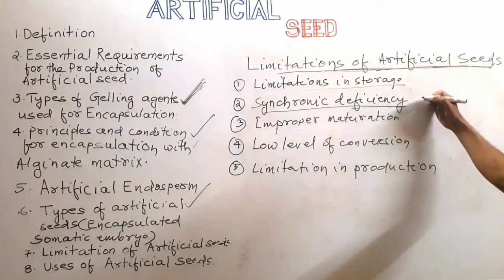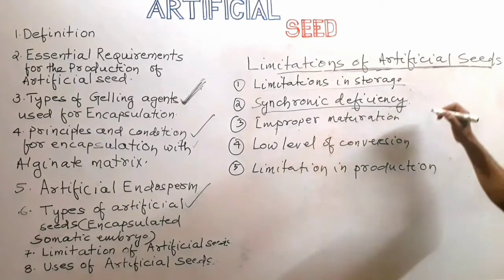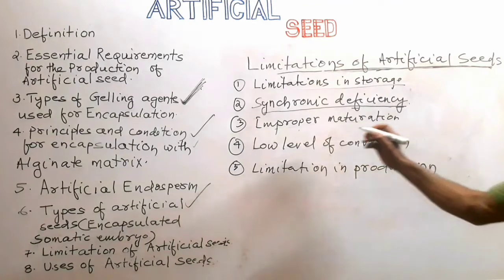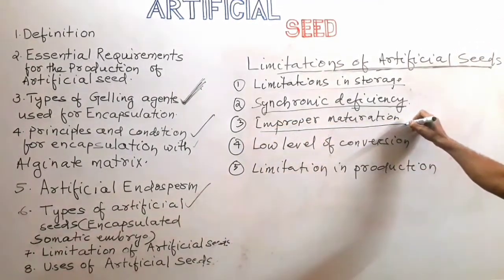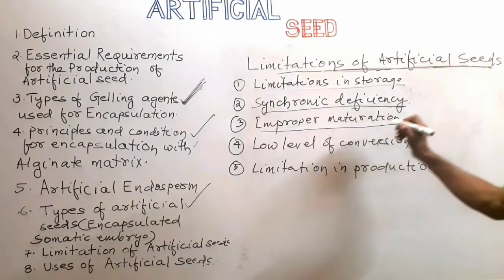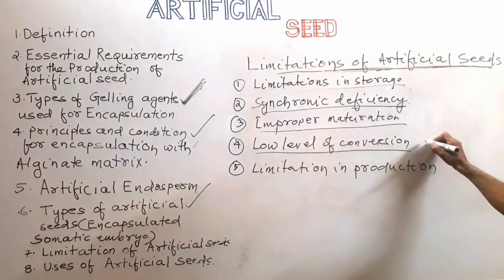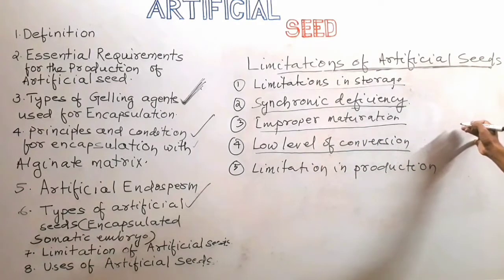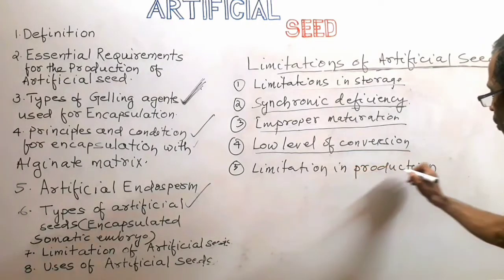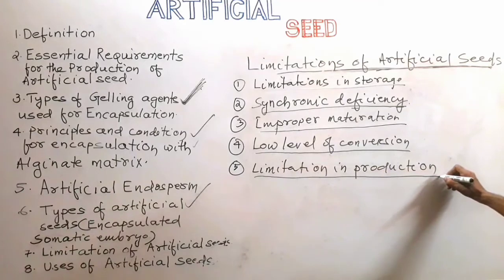So, different somatic embryos are in different stages of development. And also there is improper maturation of somatic embryo. There is also a low level of conversion of somatic embryo into plantlets. And finally, there are limitations in production of mature viable somatic embryo.